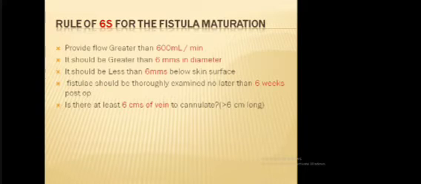What is the rule of 6s for fistula maturation? It should provide flow greater than 600 ml per minute. It should be greater than 6 millimeters in diameter. It should be less than 6 millimeters below the skin surface.